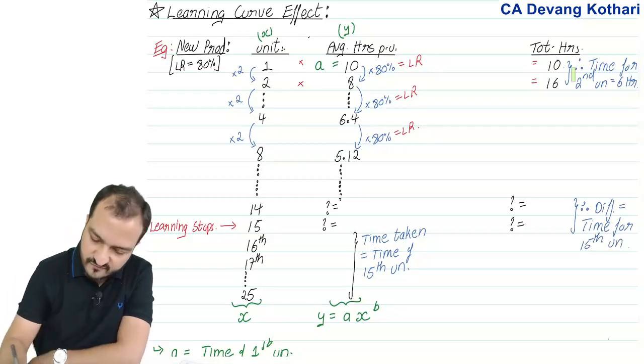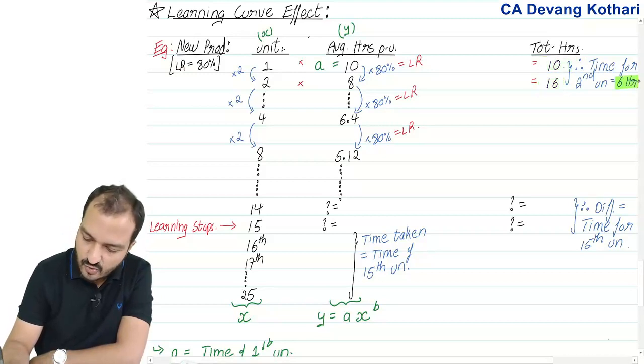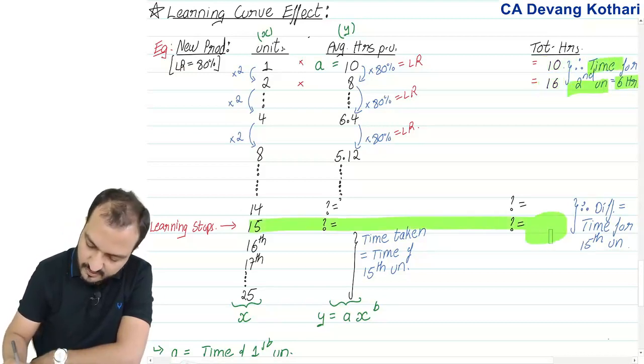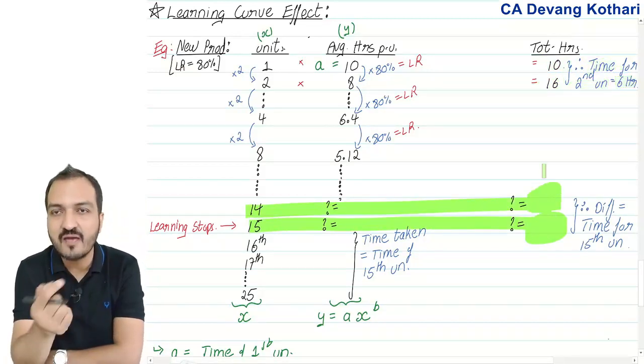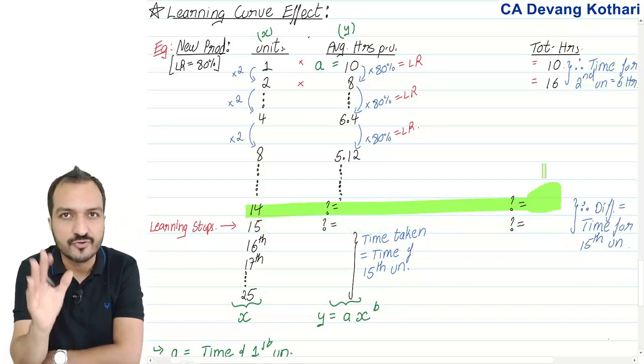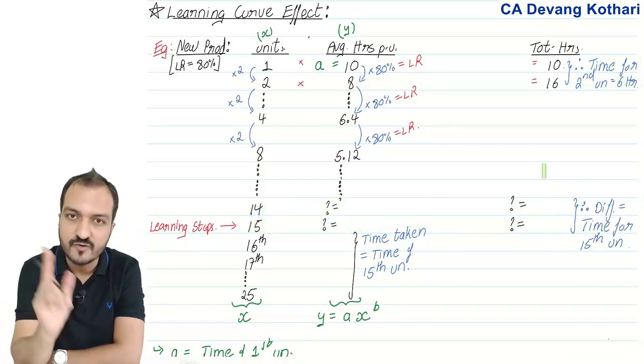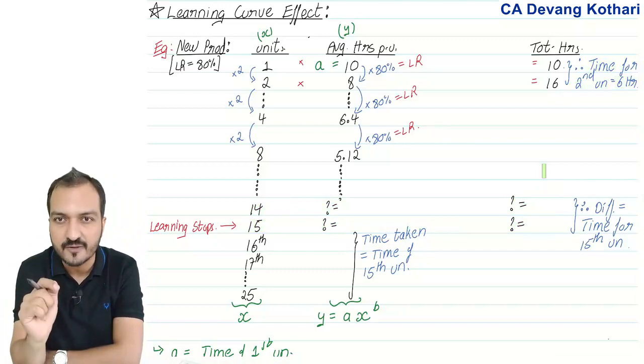Just like the difference of the first two, 6 hours was the time for the second unit. Same way, you find the total time of 15 units, you find the total time for 14 units. The difference indicates the time that I took for that last 15th unit. This is my effect of learning. This is my concept about learning. Done?